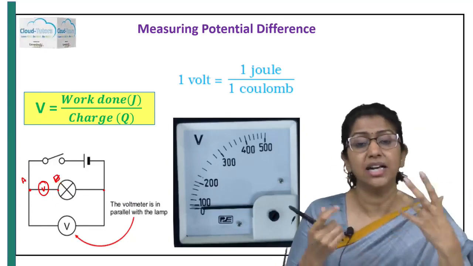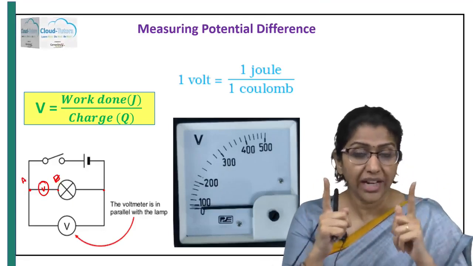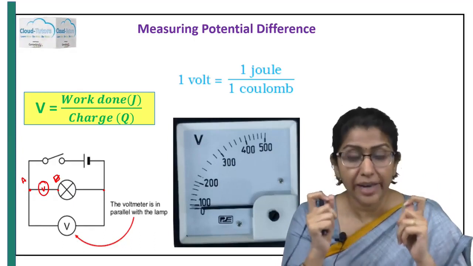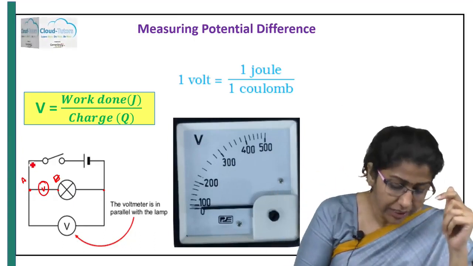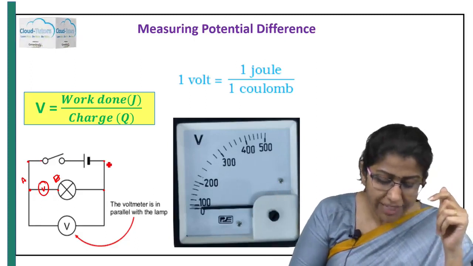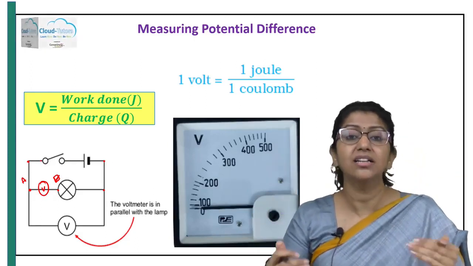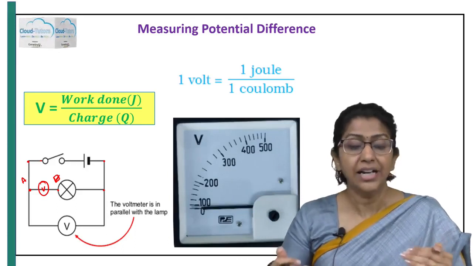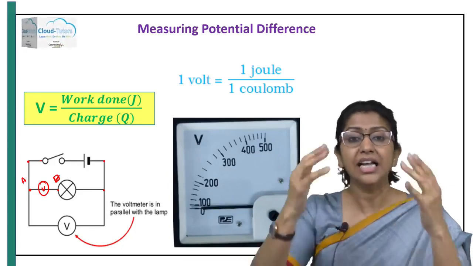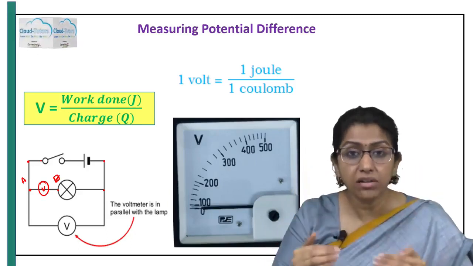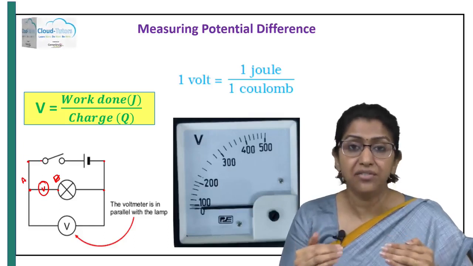But that is the only potential difference I'm going to get. If I need to measure the potential difference across the circuit, I need to connect it across the battery, parallel to the battery's terminals, so that I get the correct voltage. So the voltmeter has to be connected in parallel, across the component across which we need to measure the potential difference.